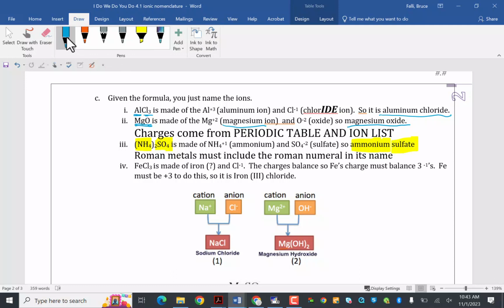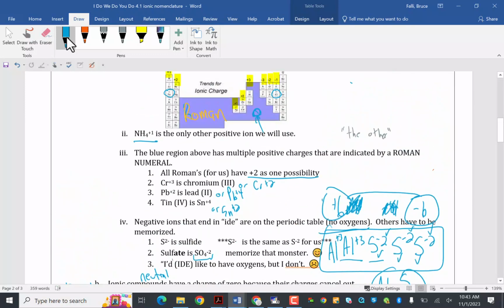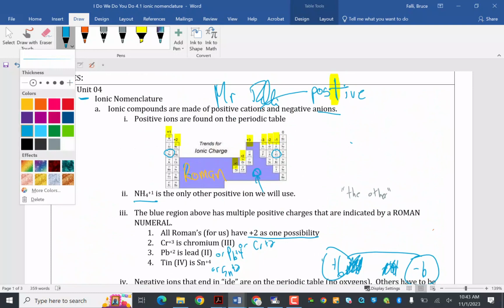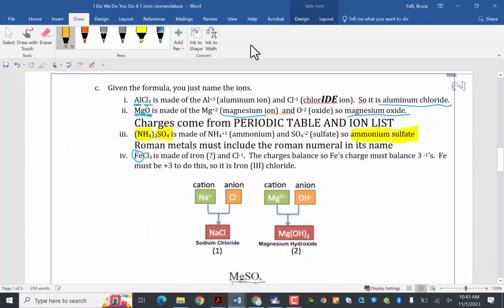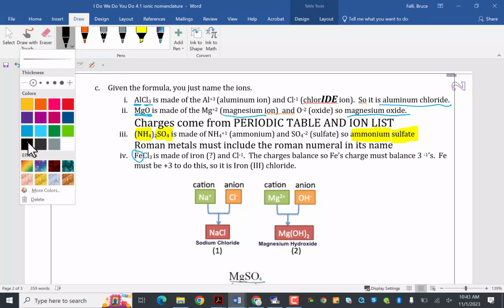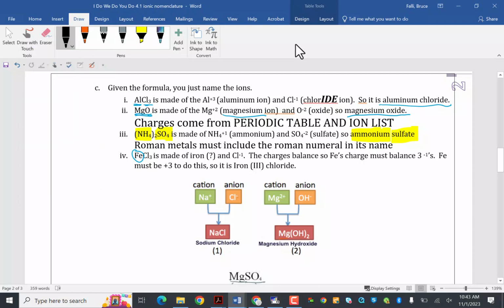Roman metals must include the Roman numeral in their name. FeCl3 is made of iron. Hey, there's iron. But oh no, when I look at iron, I got to go back to my pretty colors. Iron is around here, so I don't know its charge. Oh, dirty dog. I'm going to have to figure out its charge.